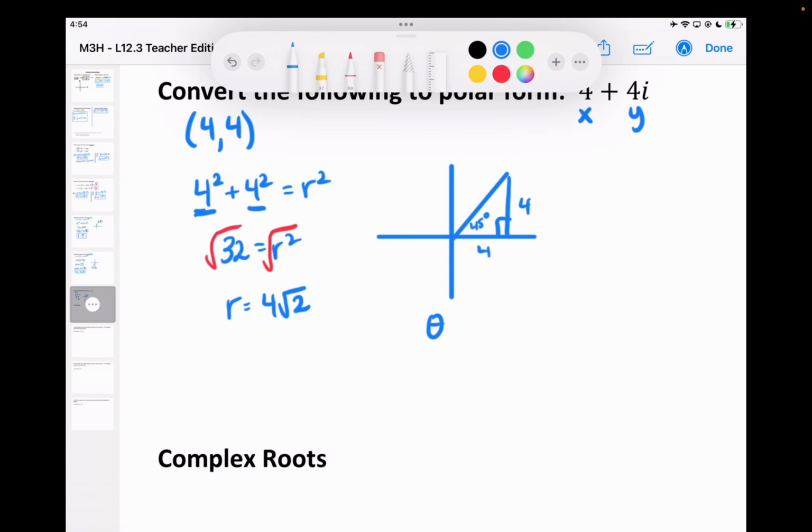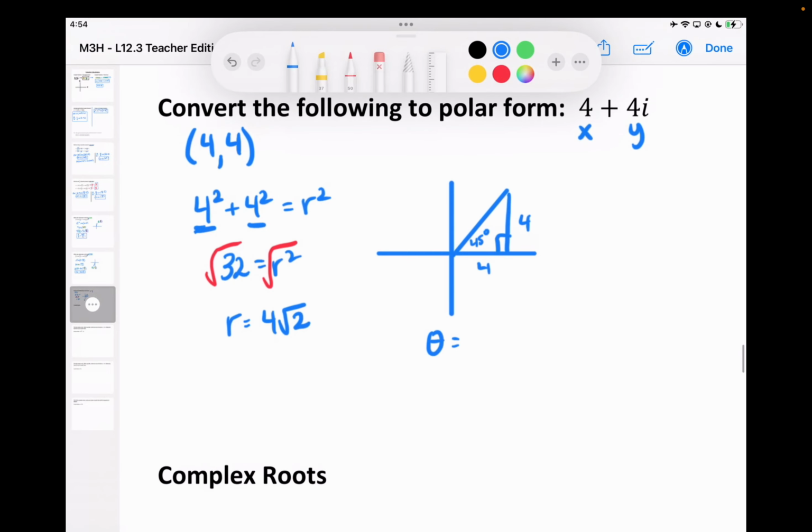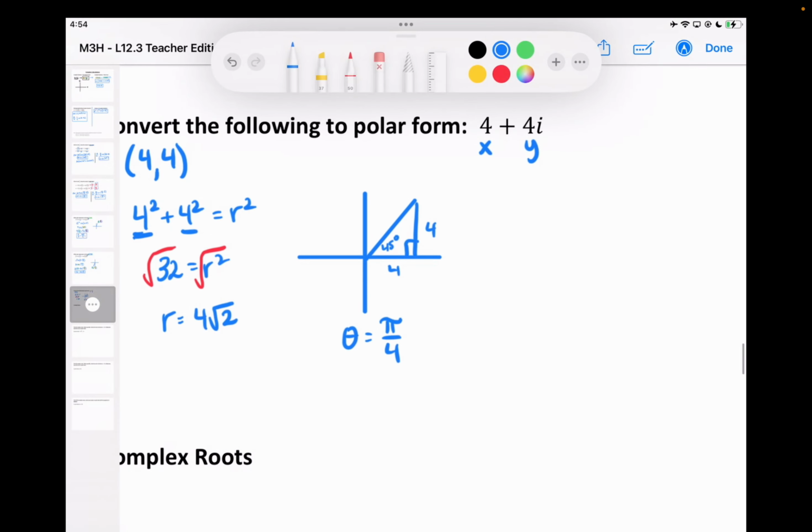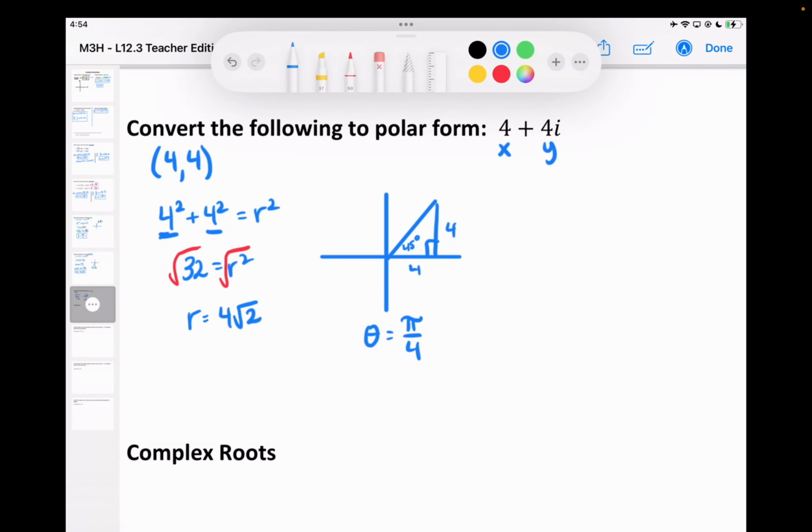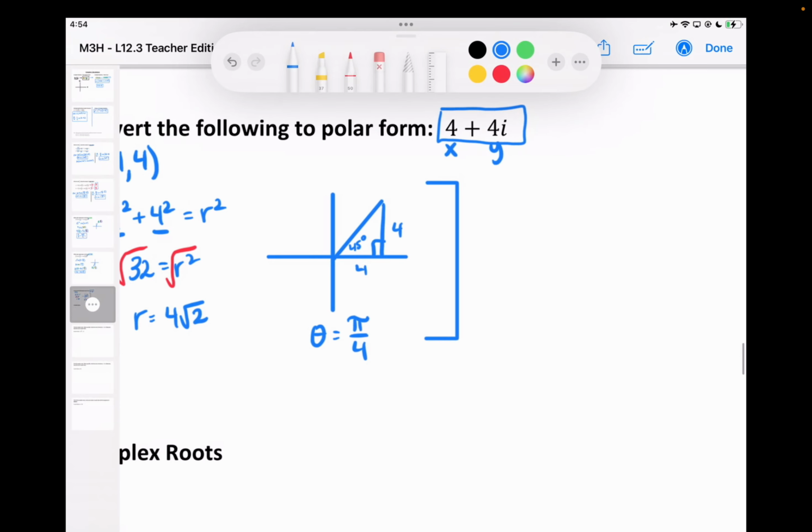Now I'm going to put it in terms of radians. I didn't say to do that, but most of the time, unless I say otherwise, we use radians. So 45 degrees is the same as pi fourths in radians. So I need to convert this. I don't convert it as a coordinate. I convert it as a complex number. So to convert this as a complex number, I'll write the radius, which is 4 square root of 2.